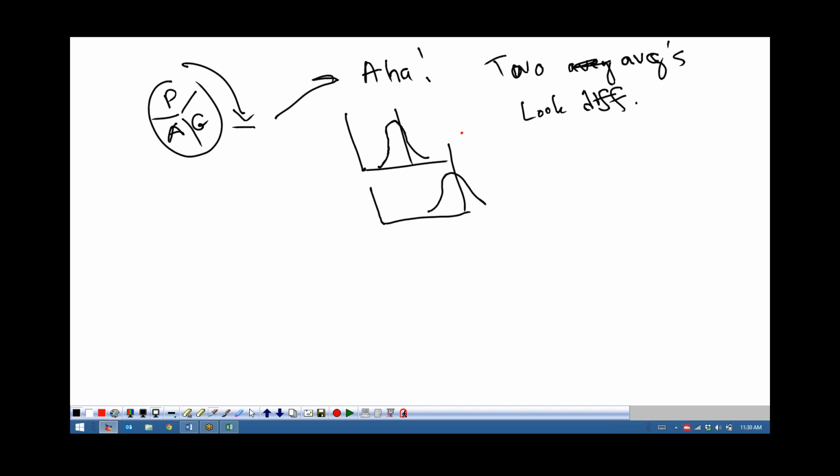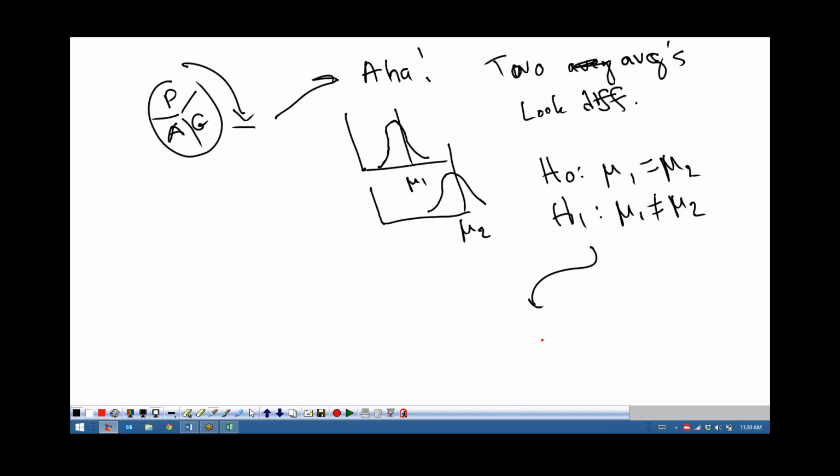It's the two averages. You write your hypothesis test, always with innocent being first. Let's call this mu2 and this mu1. Innocent is always equal. There's nothing different about them. Seems weird that we would do it this way, and our alternative is that they're different. And you look for the p-value.